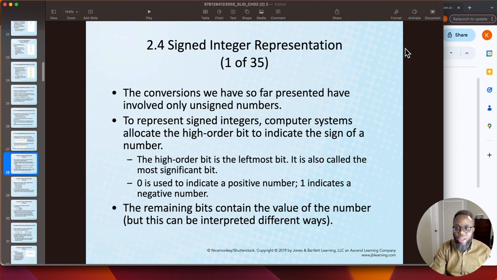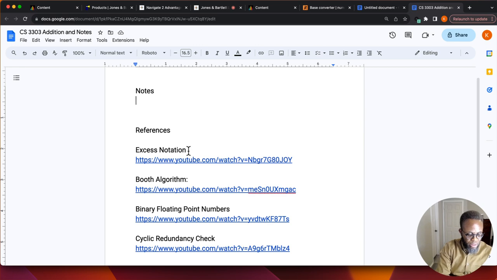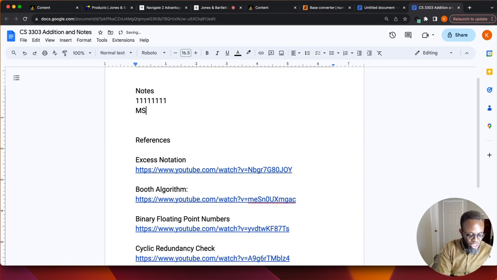Okay, so if your computer is storing information in 8 bits, 1, 2, 3, 4, 5, 6, 7, 8, this bit is the high order bit, the most significant bit. You typically hear this called the most significant bit because this one has the most value, right? Remember, this is 1 times 2 to the power of 7. So it's the most significant bit.